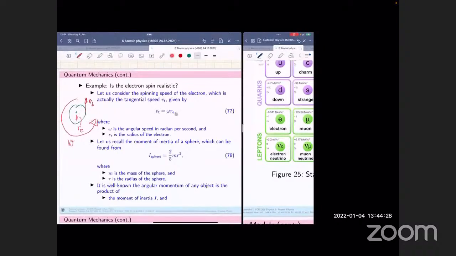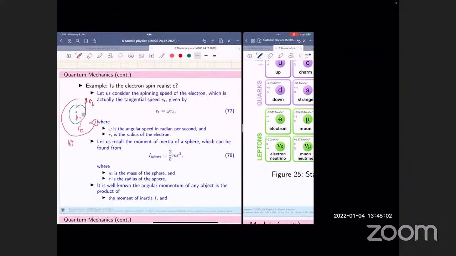Okay, that's the basic formula from classical physics. Let's recall the moment of inertia of a sphere. If you go back to material 4, material 5, you have heard this one. The moment of inertia of any geometrical shape, for example the sphere right here, can be found from I sphere equal to 2/5 m r squared.